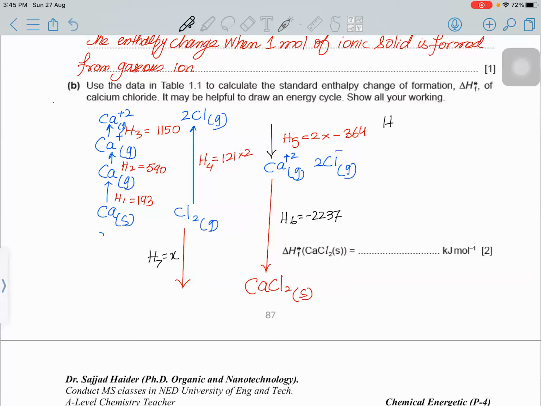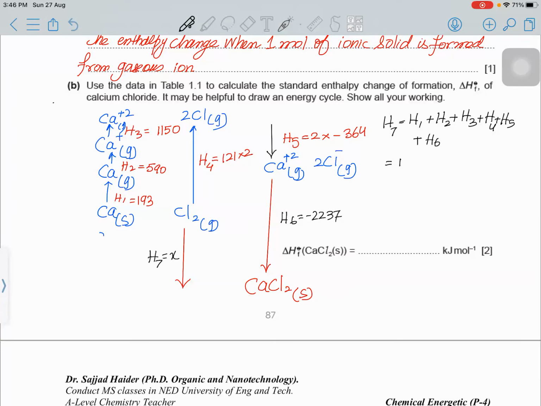H1, H2, H3. Sir, it's H7. Very good. H7 is equal to H1. Always, enthalpy of formation is equal to the sum of all enthalpies: H4 plus H5 plus H6.